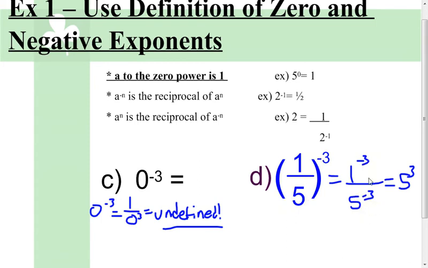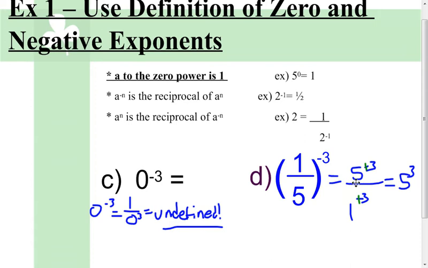Now, to make each of these things have a positive exponent, I need to pass them over the magic fraction bar. So if I move my 1 to the negative third over the fraction bar, it becomes a positive third. If I take the 5 to the negative third and pass it over the magic fraction bar, poof, it now becomes a positive third.